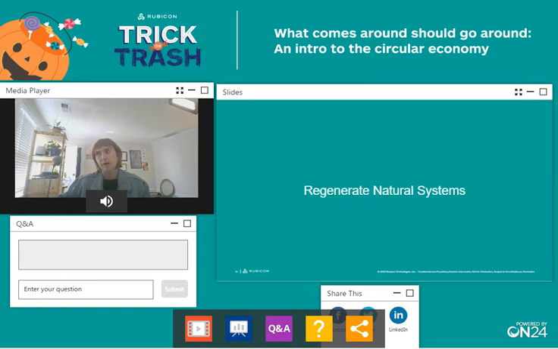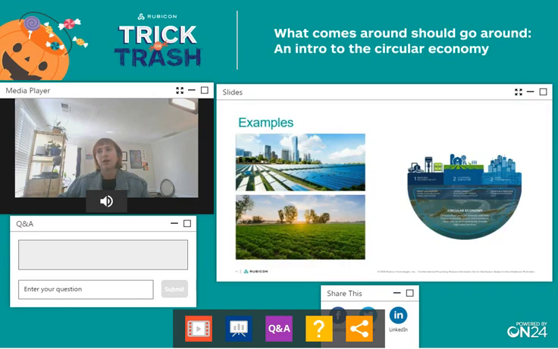And next I'll talk about a few examples that regenerate natural systems. So I would say good examples of this idea are primarily using renewable energy for business and industrial activities, and then also things that return nutrients to the soil and to natural systems in agriculture. So I think a good example is this company, Ostara.